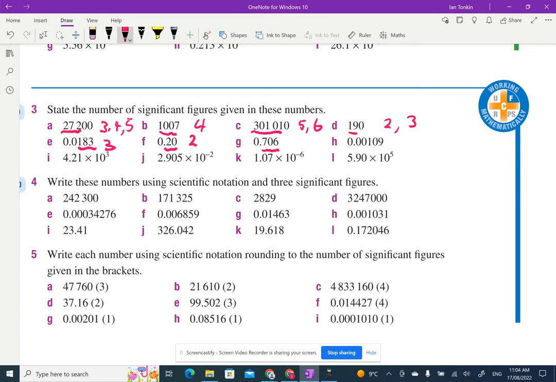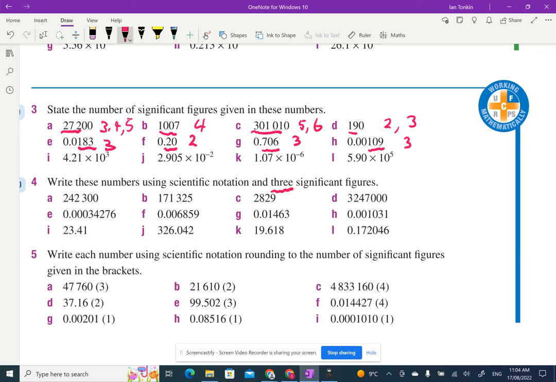Here, that 0 at the front is not significant, but the 0 in between the 7 and 6 is. So there are 3 significant figures there. And this one here, how many significant figures? Well, the first 3 zeros are not significant. They're only there to give place value, but the last 3 are. So there are 3.